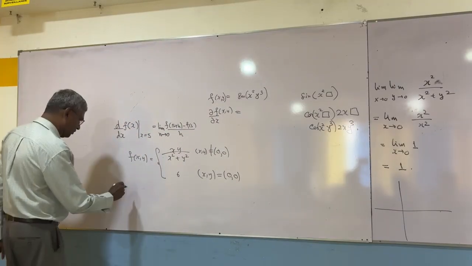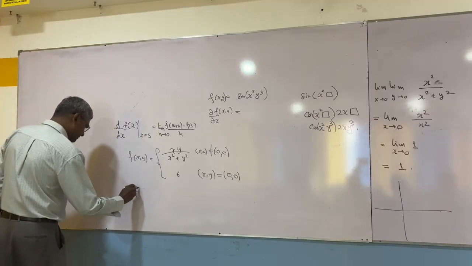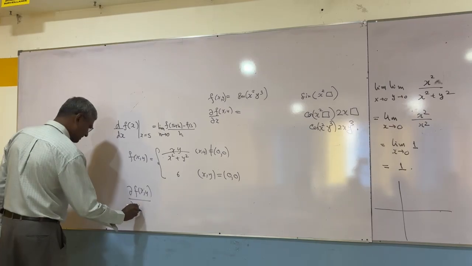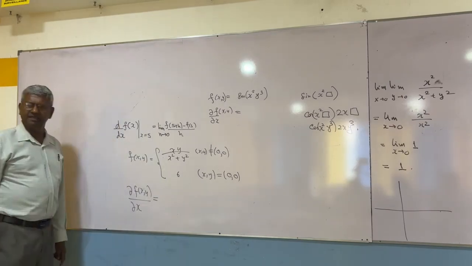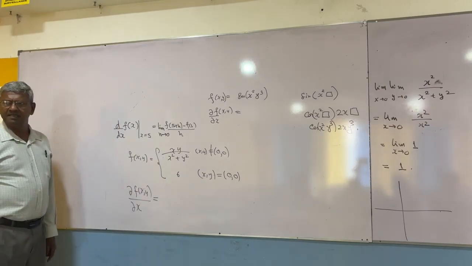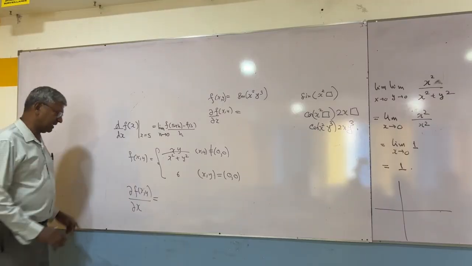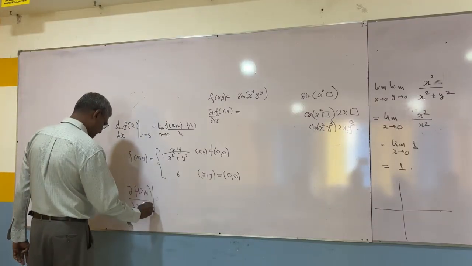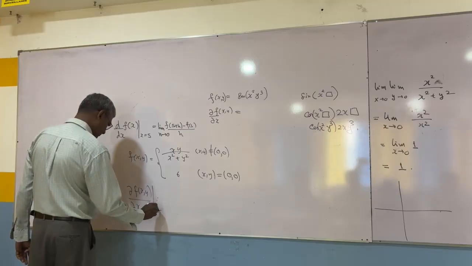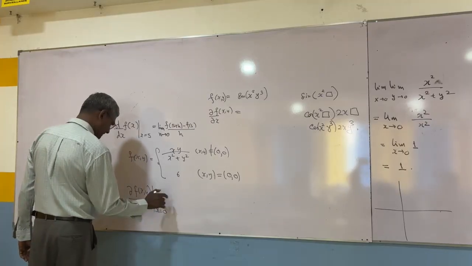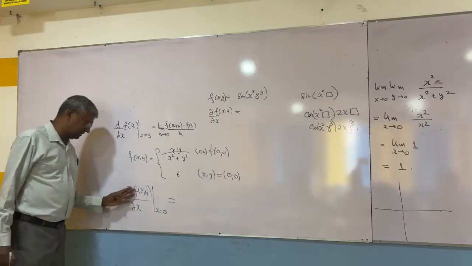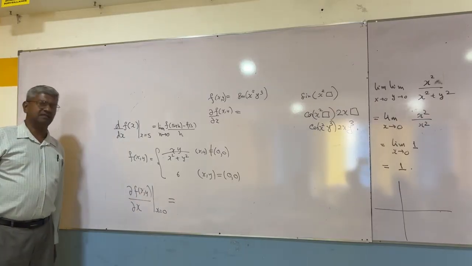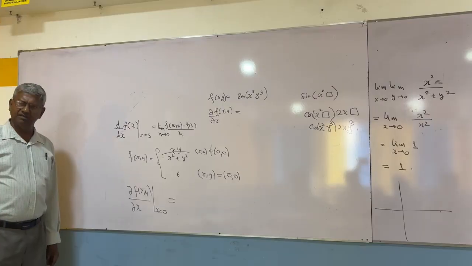Then if you want to talk about the derivative of this function with respect to x, the partial derivative of f(x,y) with respect to x at x equals 0.